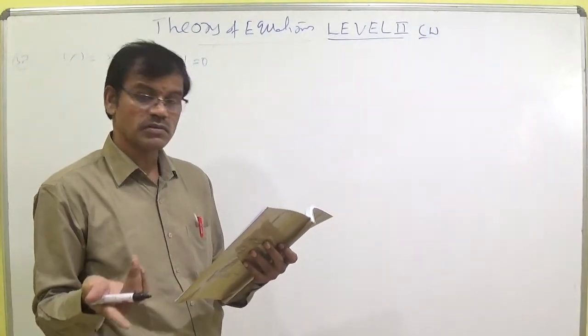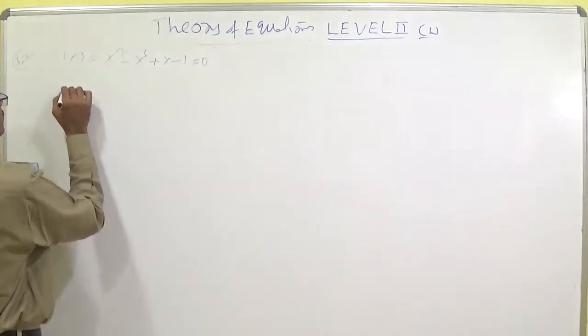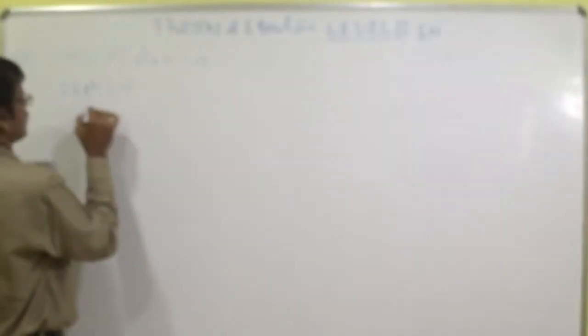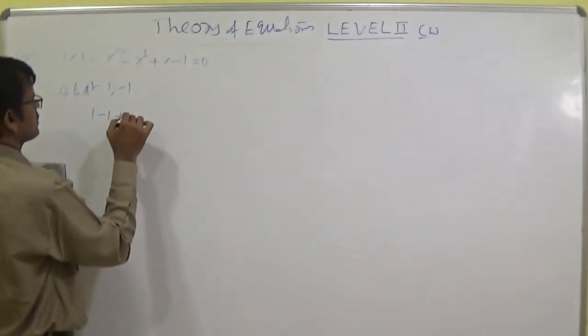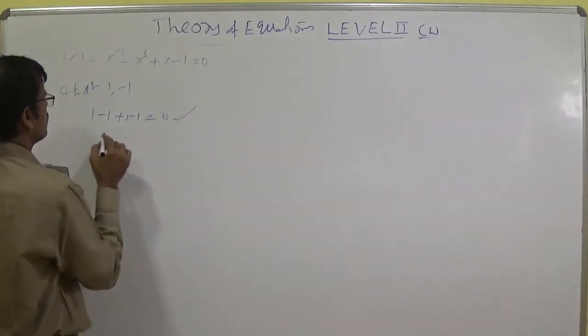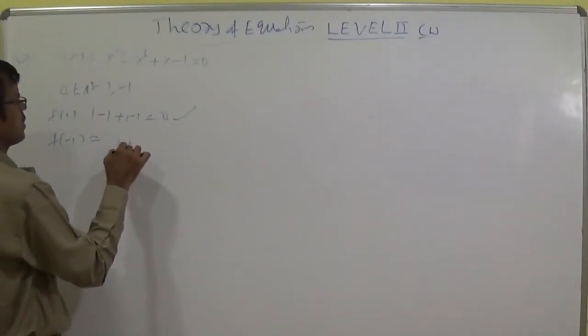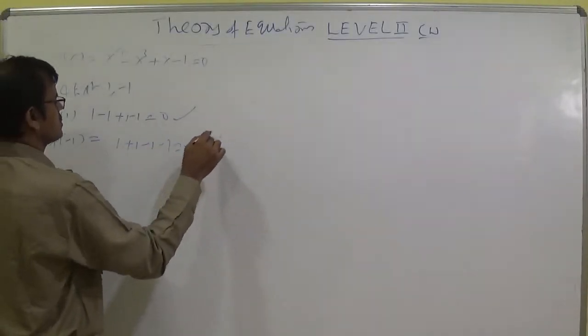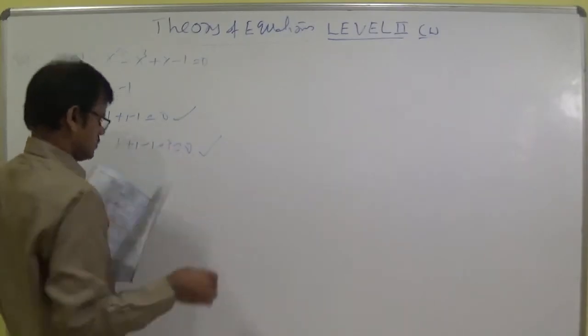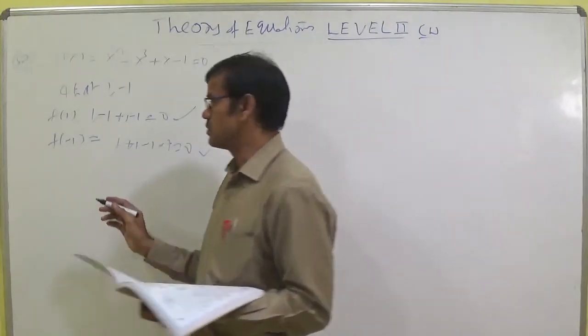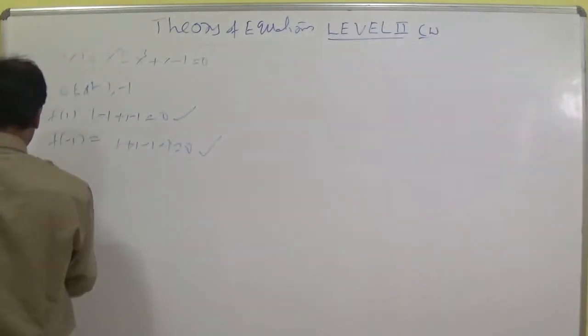Verify the fourth option directly. Fourth option: 1 minus 1 plus 1 minus 1 equal to 0, so this is f of 1. If you substitute f of minus 1, it becomes 1 plus 1 minus 1 minus 1, which is also equal to 0. No need to do the synthetic division method; simply leave it. By verification, it is possible.